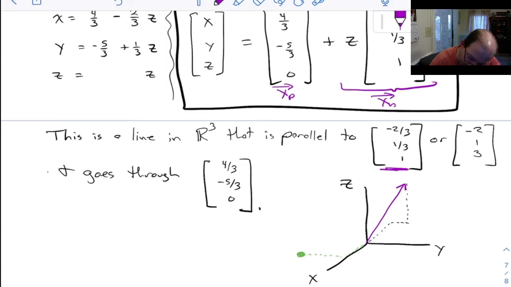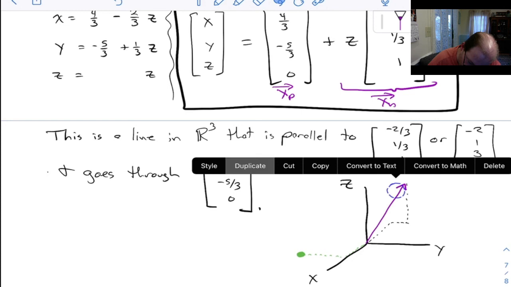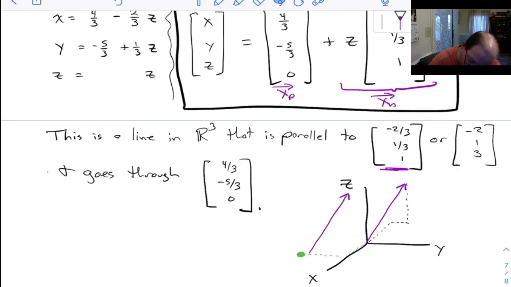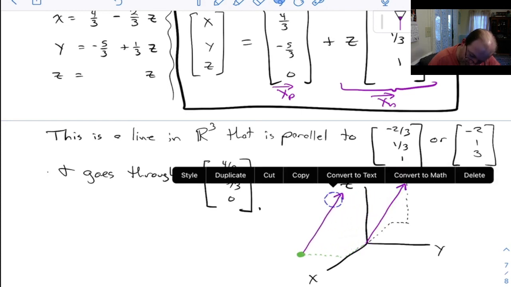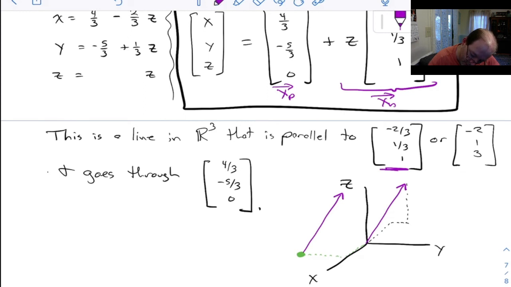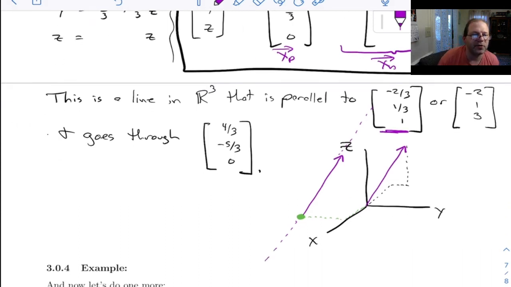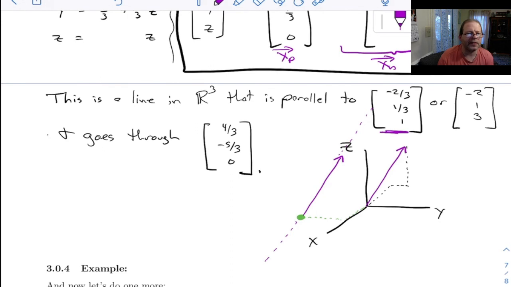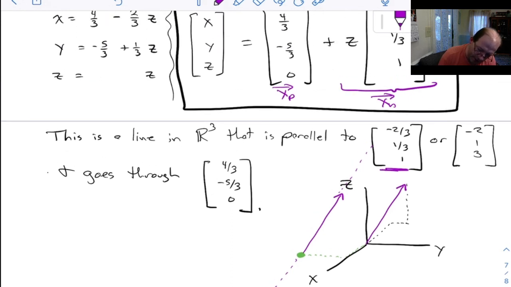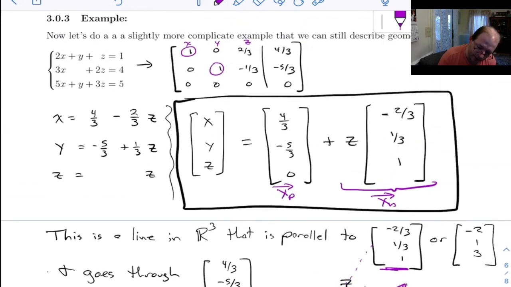And I'm going to take this other vector, duplicate, and move that over here. So the solutions that we get are all of the points that are on that line right there. Maybe that's not the best visual in the world, but that's the solution set, and you'd write it out like this. All right.